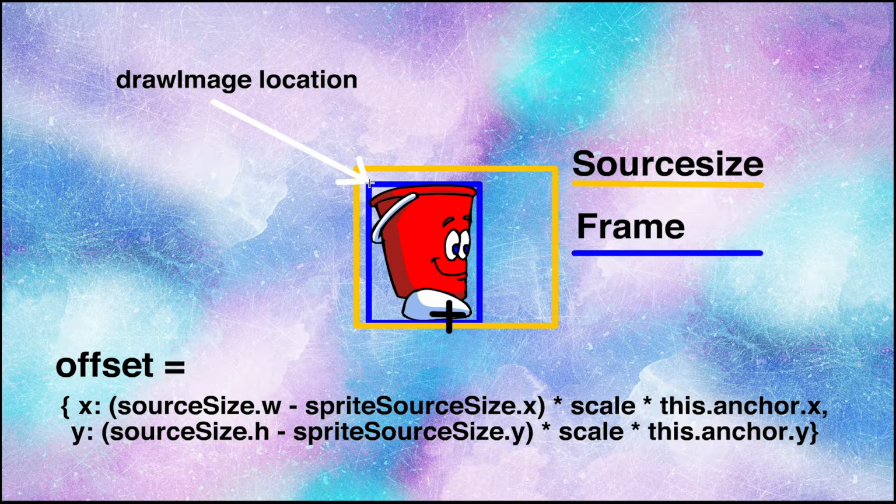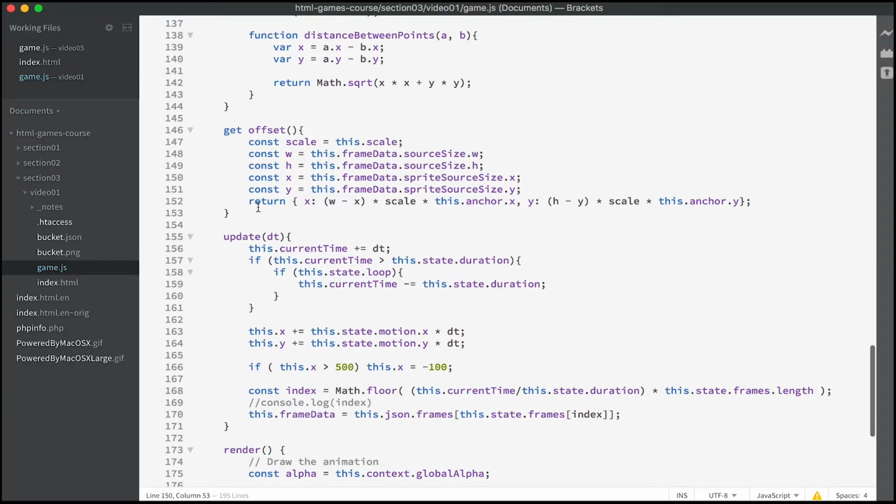So the position of the top left hand corner of the blue frame in relation to the source size yellow box. And then we multiply that by scale and by the anchor in the X and the Y. That gets us from the anchor position to there, calculates that position both in the X value and in the Y value. So we'll be using that in our render method.